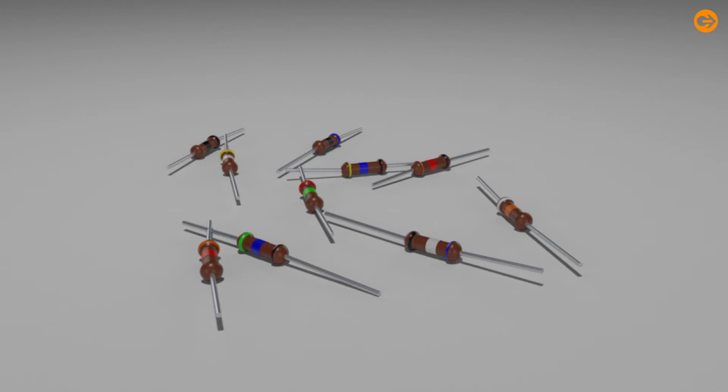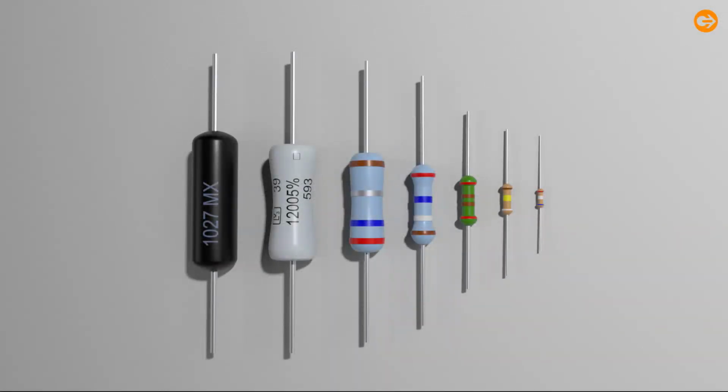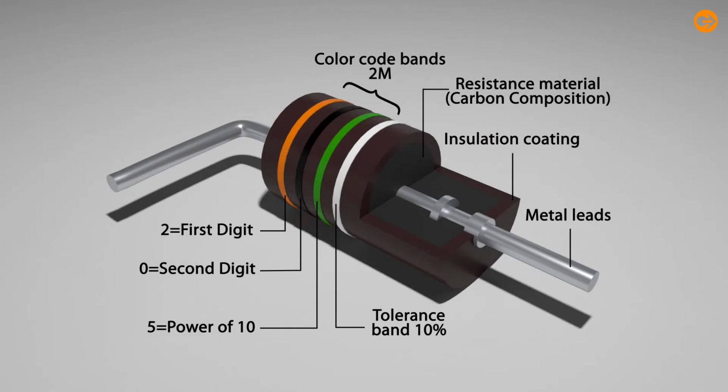To overcome this problem, small resistors use colored paint to indicate their resistive value and their tolerance, with the physical size of resistors indicating the wattage rating. These colored bands produce a system of identification generally known as the resistor color code.